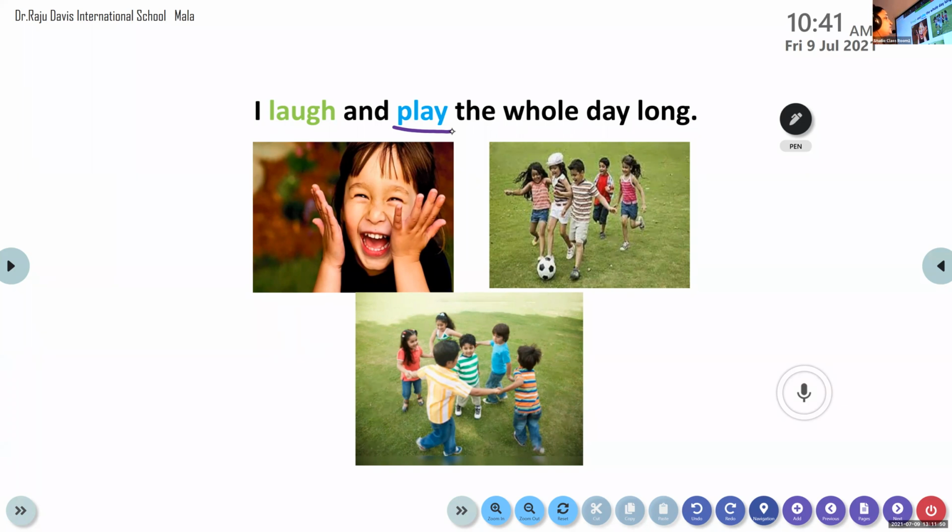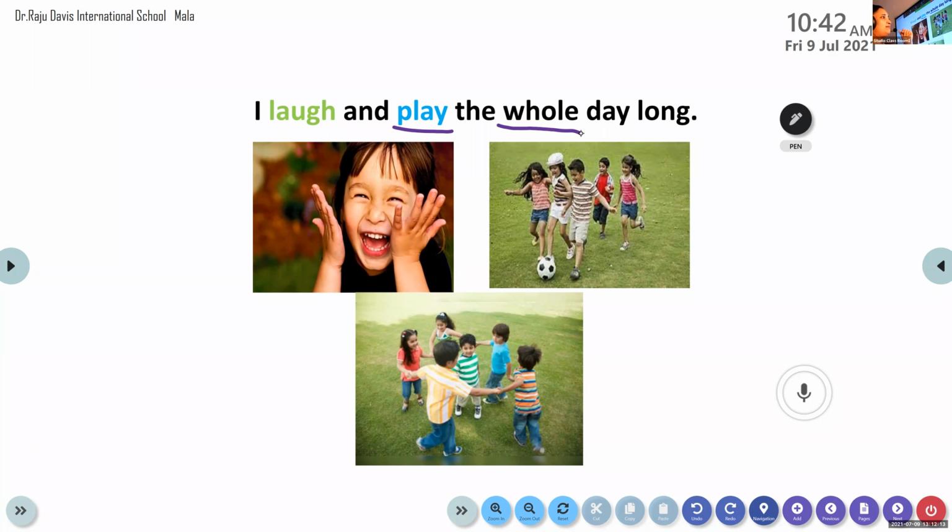What does the child do to keep herself happy? She laughs and plays. And my dear students, do you remember the meaning of the word whole? Whole day long. What does it mean? Complete, yes. The complete day.